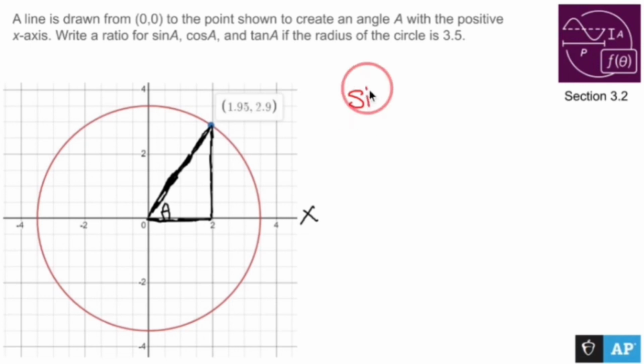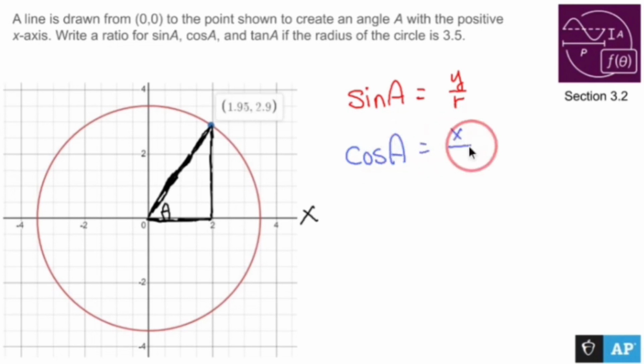Sine of theta, or in this case A, is going to be my y value over my radius. Okay. Cosine of A is going to be my x value over my radius, and tangent of A is going to be my y over x.